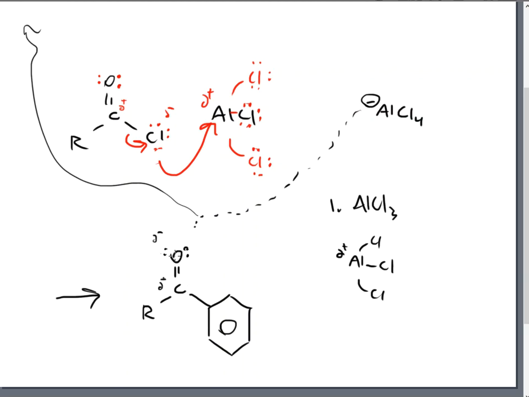Well, this negative area is going to be attracted to that positive aluminum, and we're going to see an aluminum that brings those 3 chlorines to the party, right? I mean, that's what's going on here with this structure. Now, the issue here is that if this happens, this messes my product up. That's not what I want. I do not want that aluminum chloride to basically take over that oxygen and stick to it like glue.